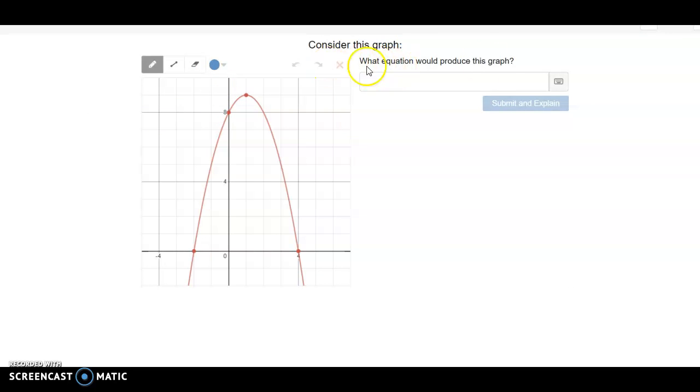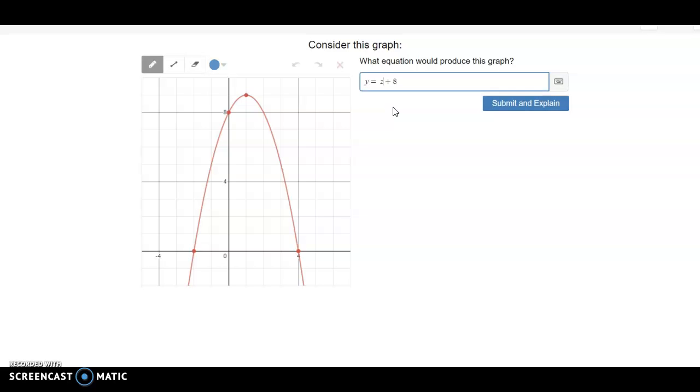And the second to last one is, what equation could be right to produce this? Well, I know that I hit the y-axis at 8, right? So I know it's a positive 8.